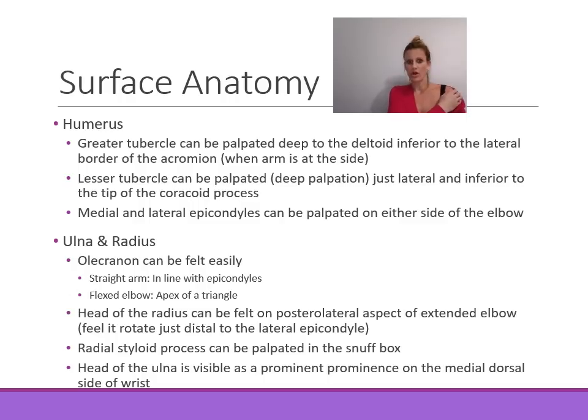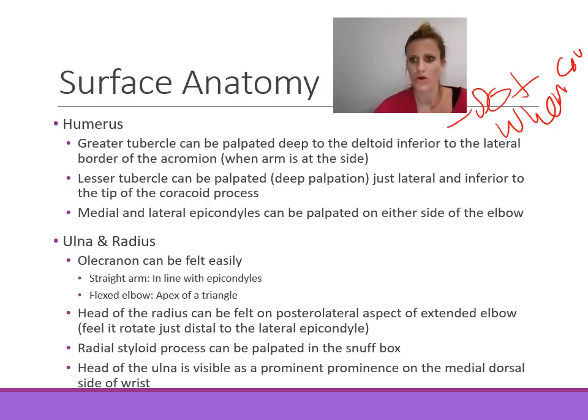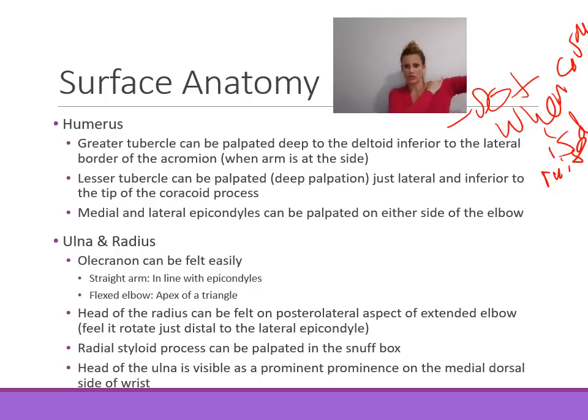You can feel it when the arm is resting at the side. It cannot be felt when the arm is raised, because the greater tubercle slides under the acromion when the arm is raised, so it can't be felt then. It's lateral out here, whereas the acromion is higher up right here.